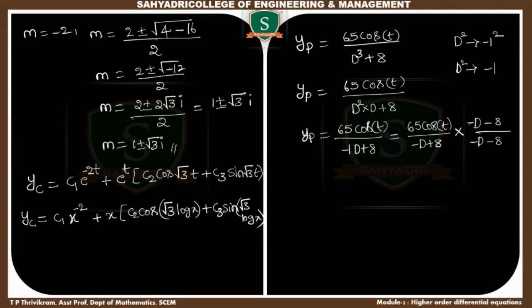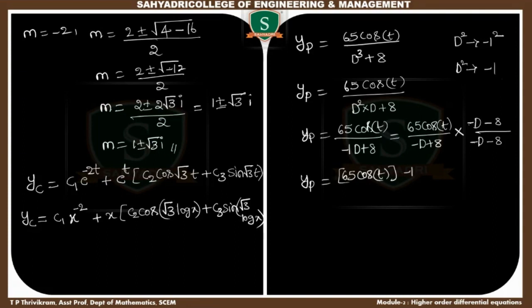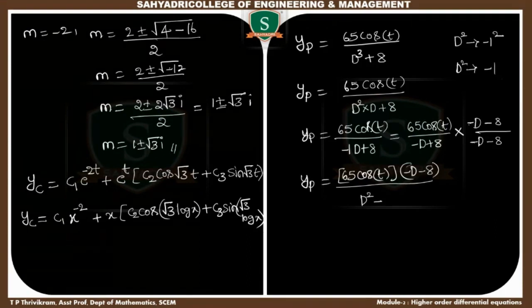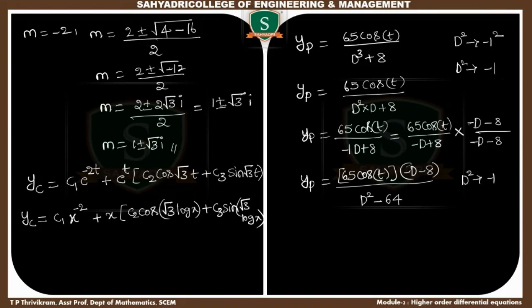So yp is equal to 65 cos t into minus D minus 8, divided by a plus b into a minus b. You can write it as 8 square, which is 64, minus D whole square, which is nothing but plus D square. Now you can replace D square with minus 1.